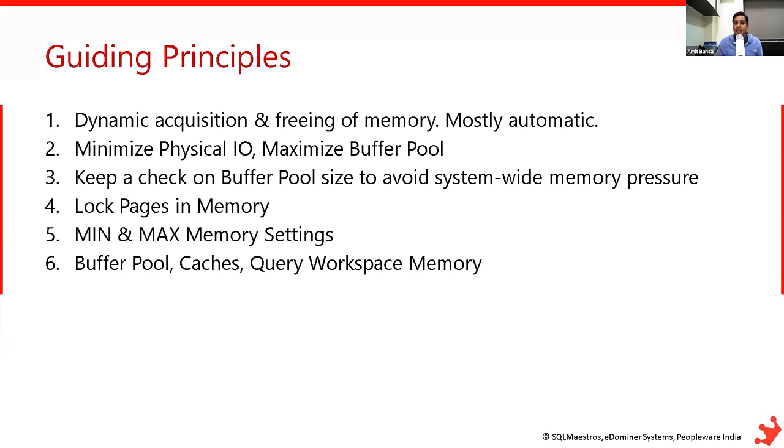When you run your queries, they also need memory. I'm not talking about the session memory. I'm talking about your queries when they do expensive operations like sorting or hashing or parallel queries, they require extra memory. So that memory is called query workspace memory. Today, we're going to talk a bit about that as well.